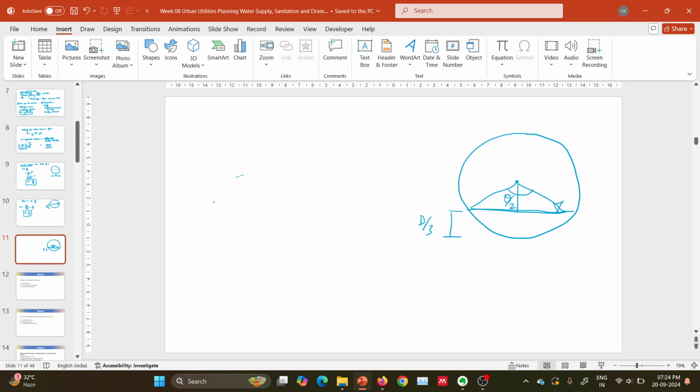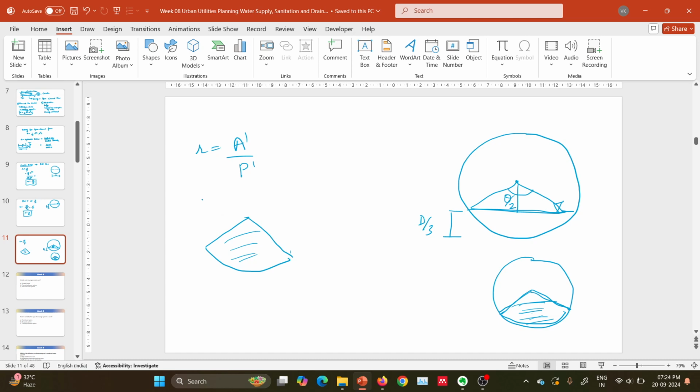Subsequently I need to calculate this whole area, and so I need to know this value and this area, so that R will be A dash by P dash, this whole area and this whole perimeter.